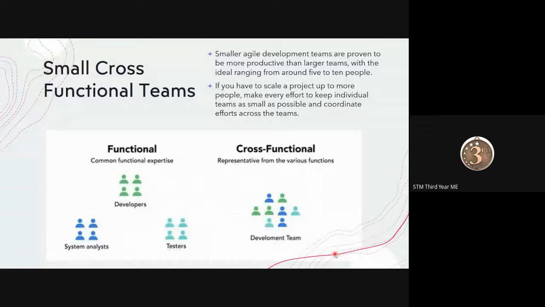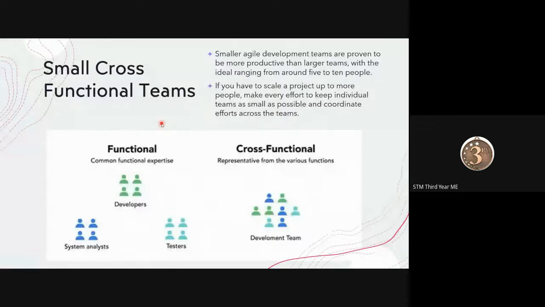So for agile manufacturing, it is always nice to have a small cross functional team, because we are producing the product at a faster rate, right? So we don't have any time for research, or we can't divide them into different groups.